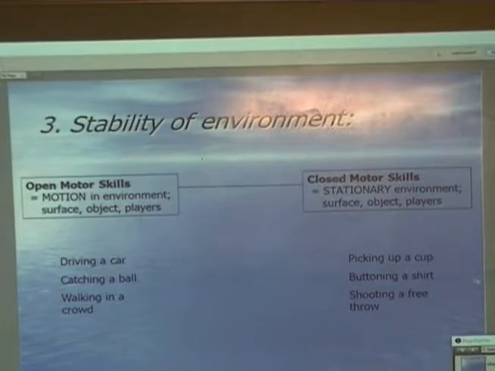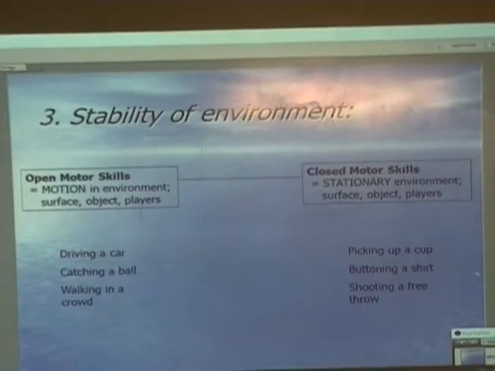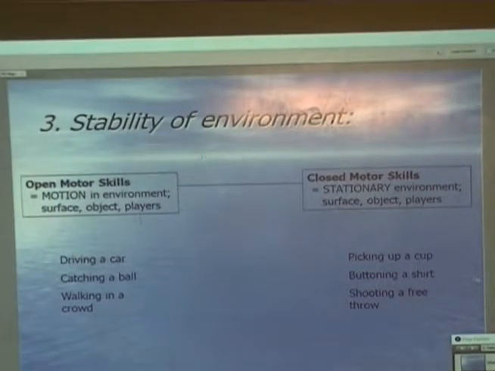So picking up a cup of coffee is a closed motor skill. Throwing a ball is a closed motor skill because until you release the ball, there's no movement of the object, right? So catching has to be open because the ball has to be moving, but throwing is considered closed because until I release and I finish the throw, there's no movement in the environment. Does that make sense?